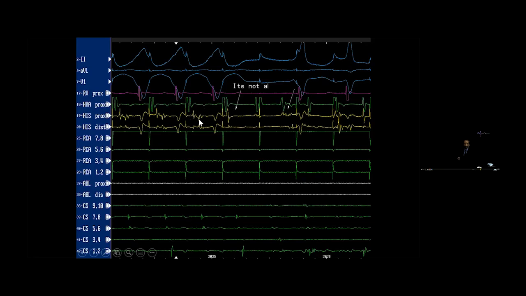That means it's not A, and it's critical to the pre-excitation. And this was the exact cause of difficulty why so many failures were present for this case.